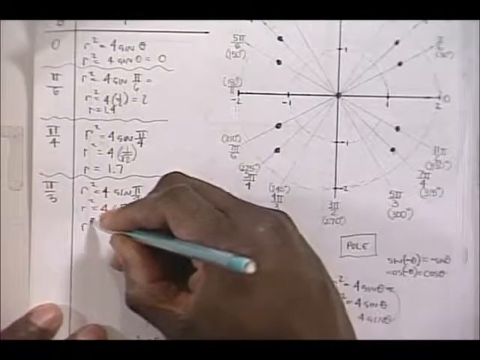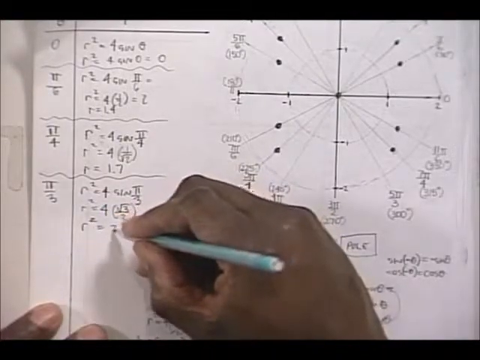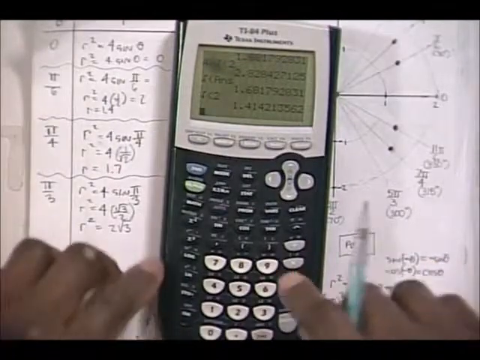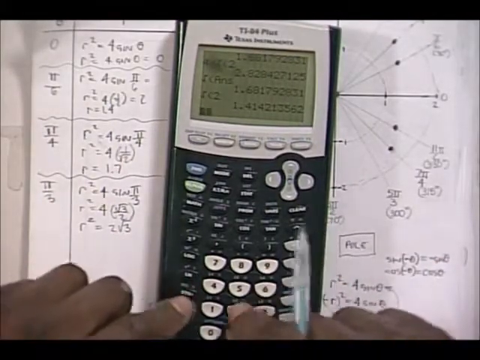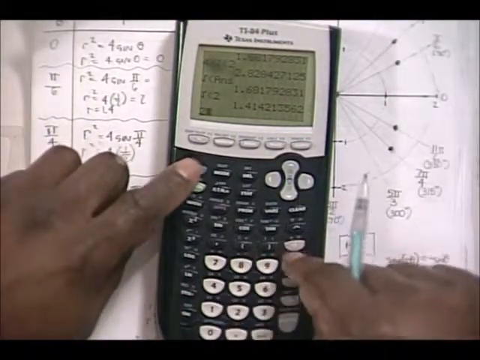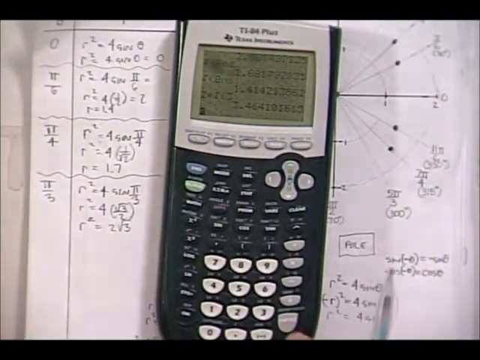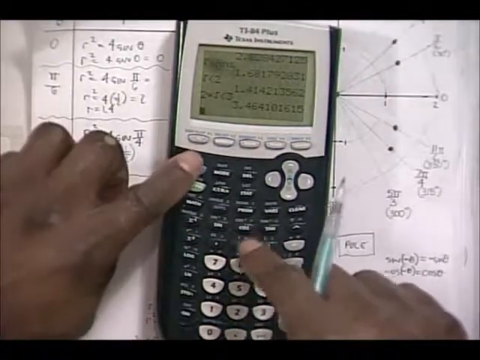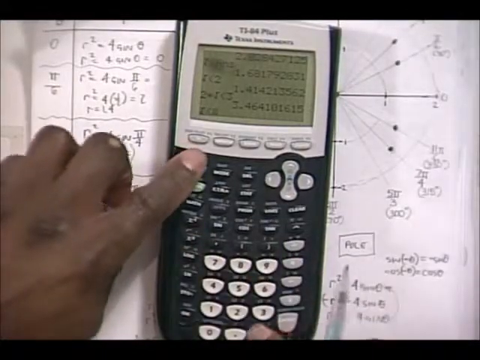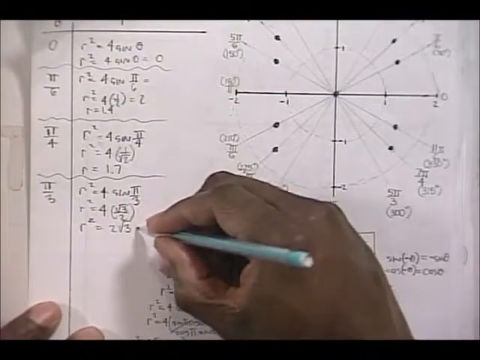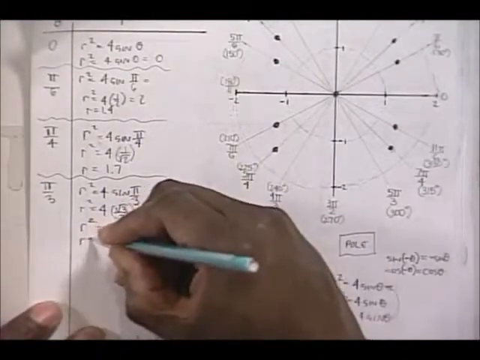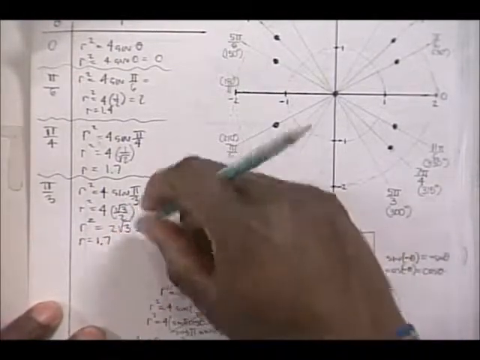You get r squared is equal to 2 radical 3. Let's put that in the calculator. You end up with 2 times the square root of 3. You get 3.5. You take the square root of that, and you get 1.7. R is equal to 1.7.